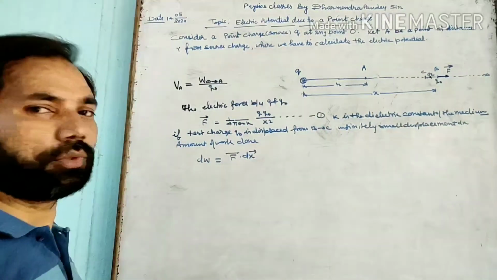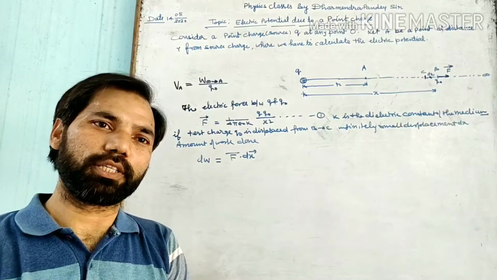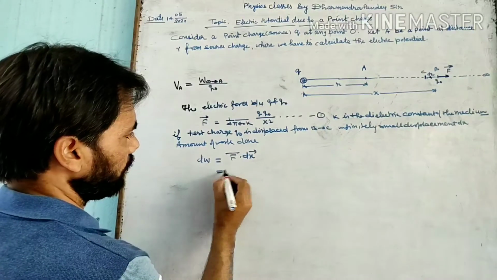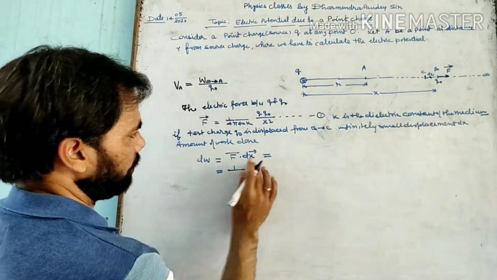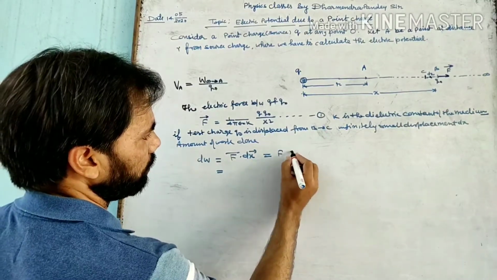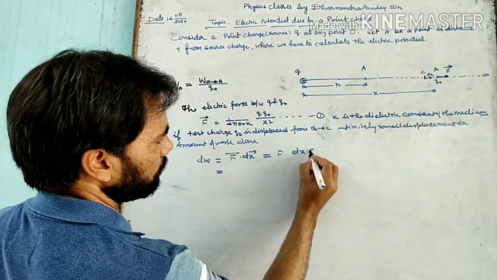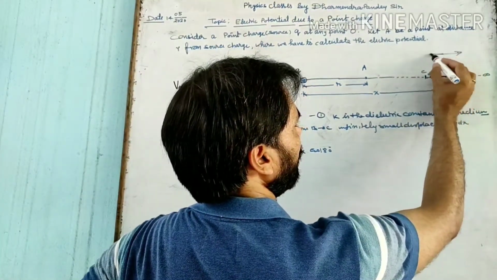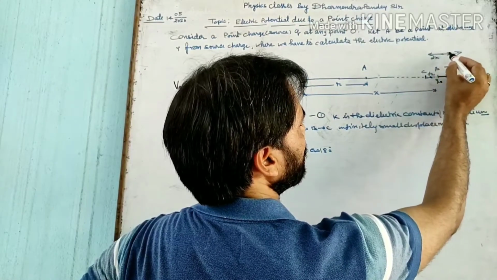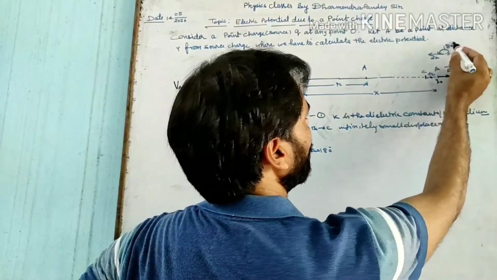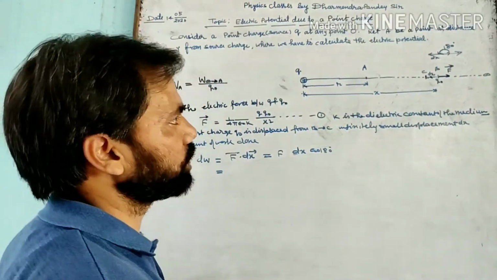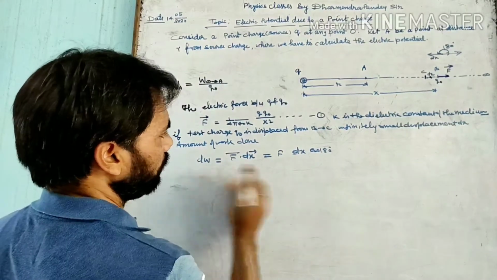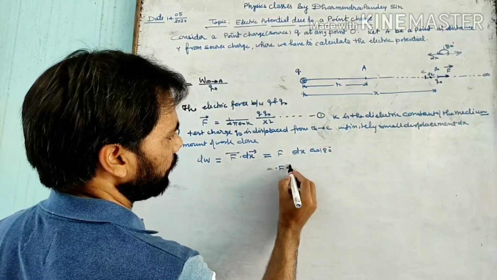It is because, as you know, work is a dot product or scalar product of force and displacement. So here this can be written as F dx cos 180 degree. As you know, force is directed here and the displacement is here, so the angle between force and displacement is 180 degree, so that's why this can be written as equal to minus F dx.